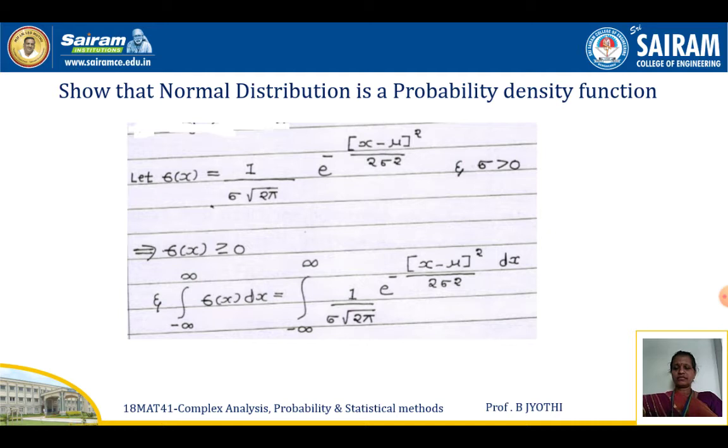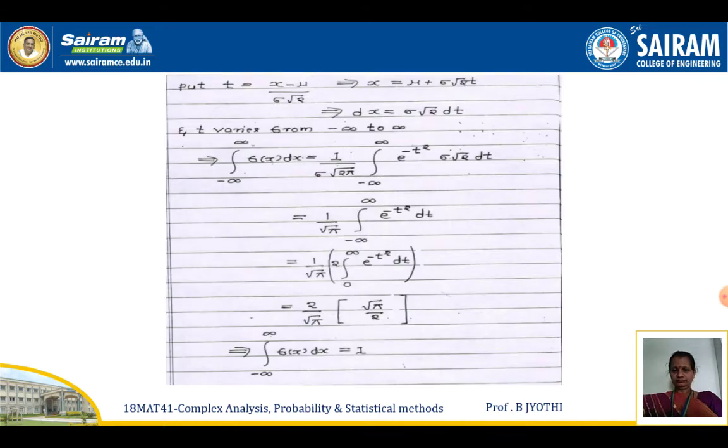This is taking the integral on both sides with the limits minus infinity to plus infinity. When we put t equals (x minus mu) divided by sigma root 2, where x equals mu plus sigma root 2 t, then dx will be sigma root 2 into dt, because mu becomes 0. That is, t varies from minus infinity to plus infinity.